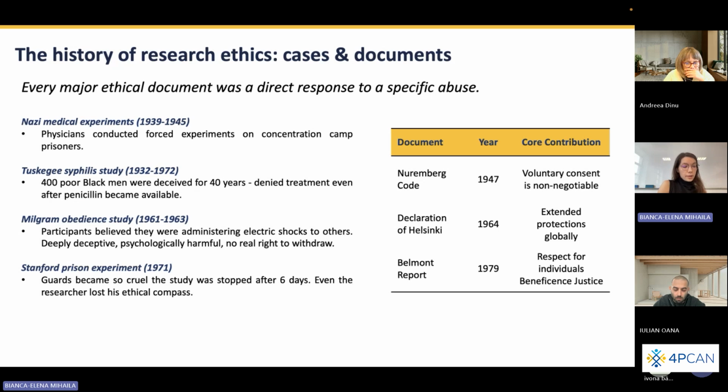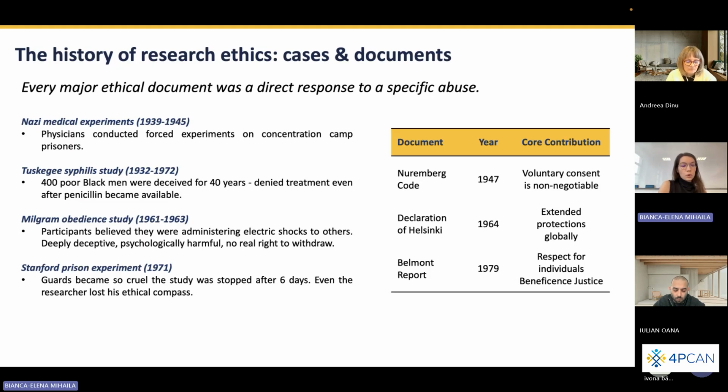The story begins with the Nazi medical experiments during World War II, because there were physicians that conducted forced experiments on concentration camp prisoners, testing them for hypothermia, for infectious diseases, and different surgical procedures, but without asking for any consent.